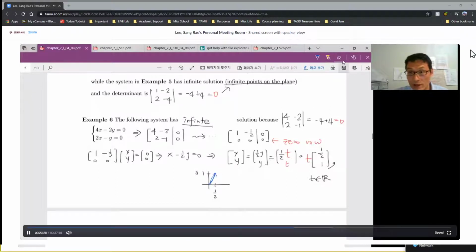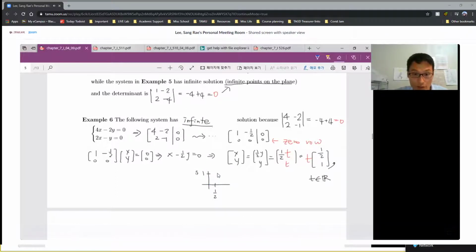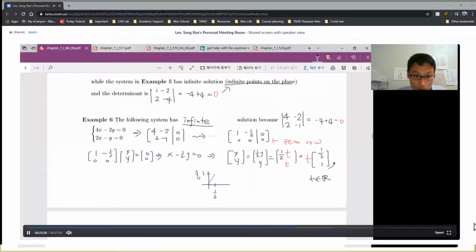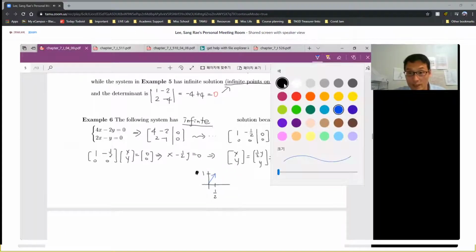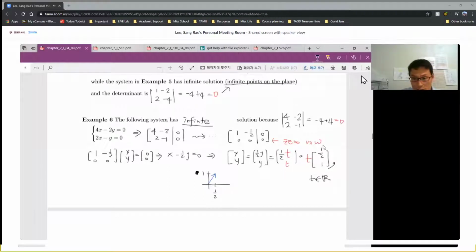It's not clear. Let me rewrite this. So we have a vector. So you're taking any multiple of this. This is good enough. The reason I picked this example is that if you want, you can take a different vector. Now that you are taking any multiple of this vector, you can take double of this vector.